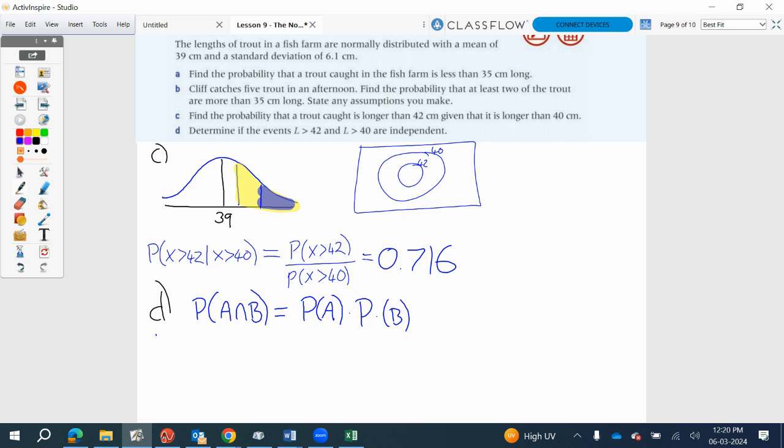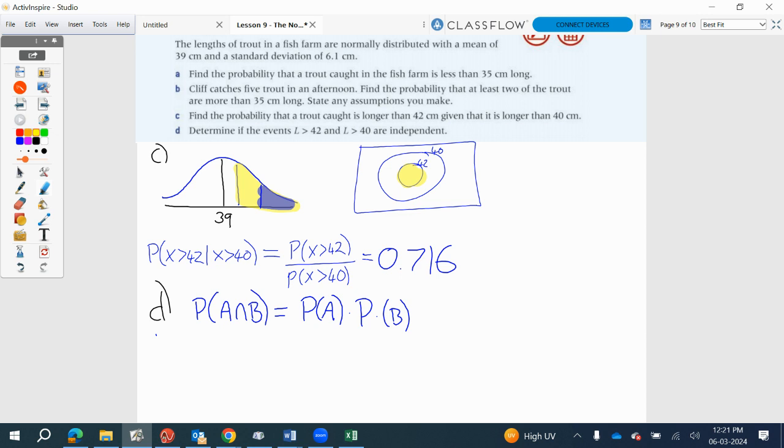So what would that be in this case? What is the intersection of the random variable being greater than 42 and greater than 40? 100%. The intersection we've already seen in the previous question from this diagram. This is the intersection.